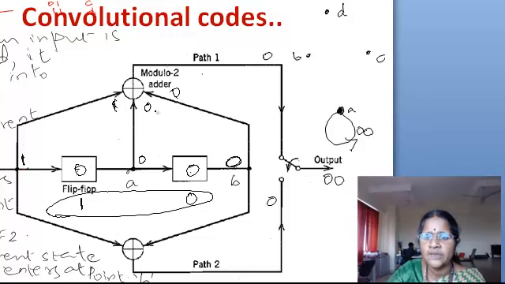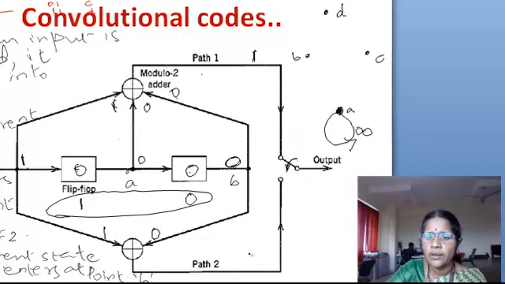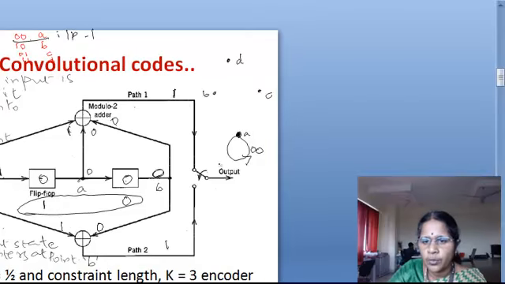So 1 plus 0 is 1, 1 plus 0 is 1. So here it is 1, and on the lower part this is 1 and this is 0. 1 plus 0 is 1. So my output is 1, 1.